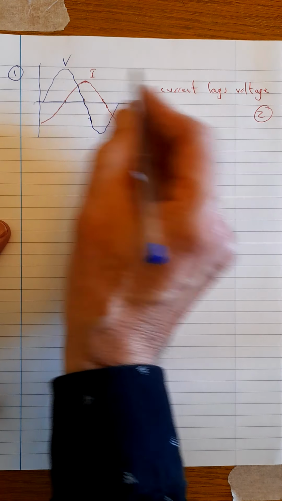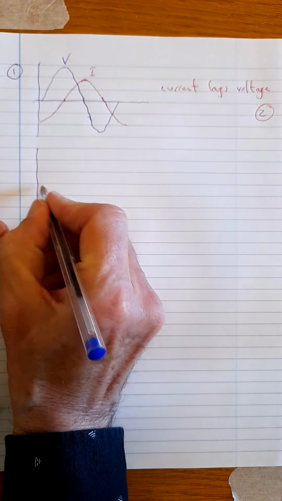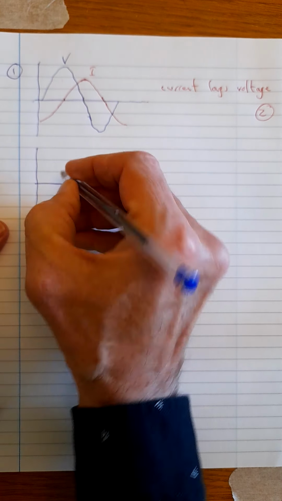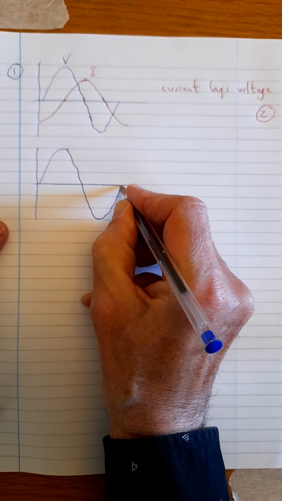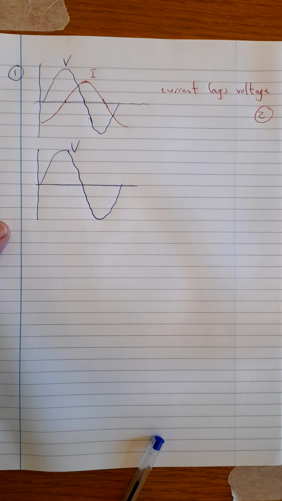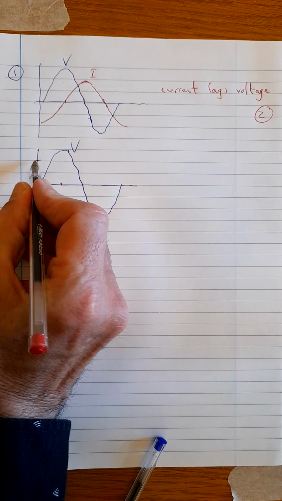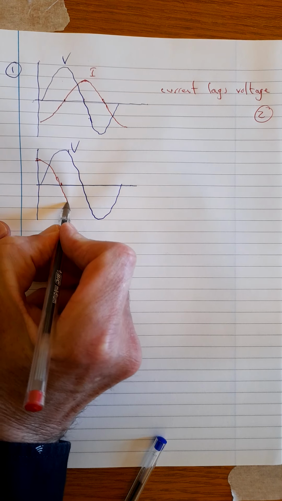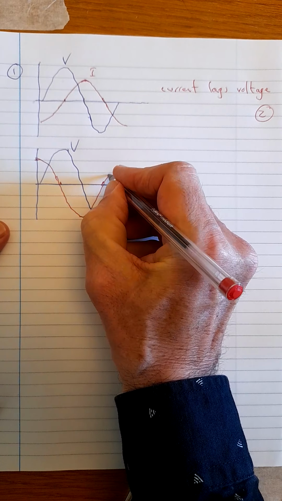So that was a pure inductor, a pure capacitor. Let's try and do something similar. There's the voltage. And in a capacitor, current leads voltage, so it's going to reach its maximum 90 degrees earlier. And it's going to do something like this.